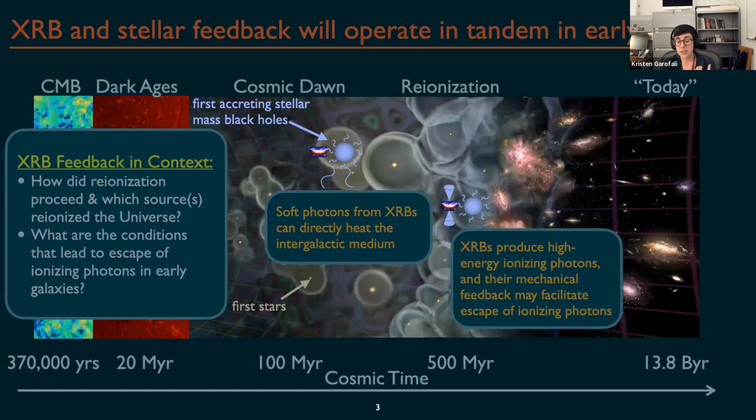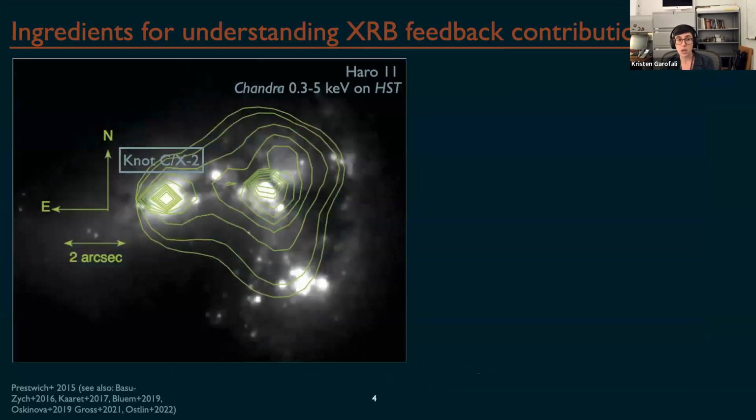And in addition to that kind of ionizing feedback, they may produce mechanical feedback via jets or strong disk winds and outflows. That kind of feedback may actually facilitate the escape of ionizing photons by creating favorable conditions in the ISM, carving channels, for example, that allow photons to escape from the early galaxies.